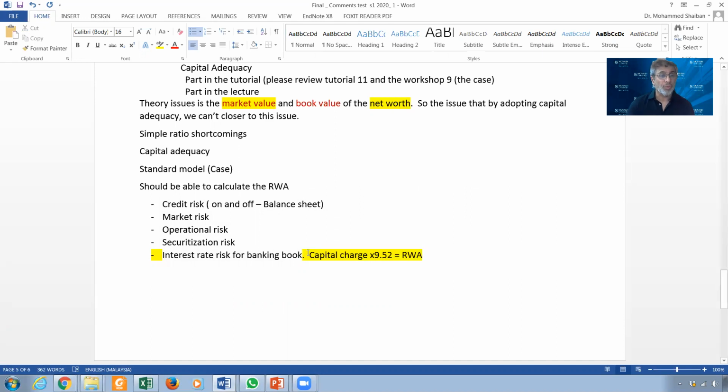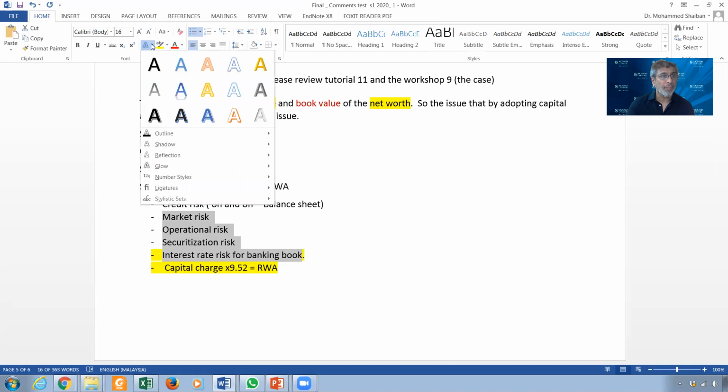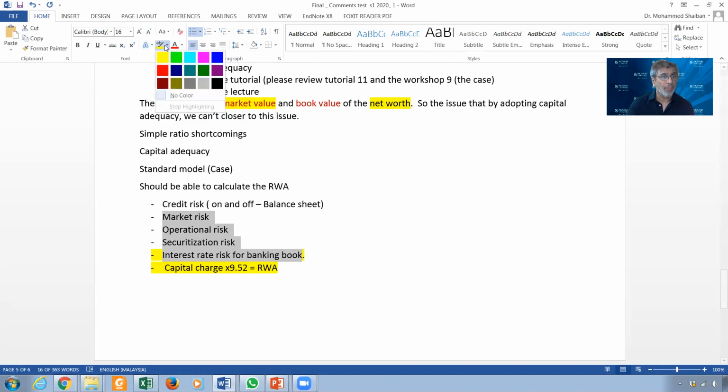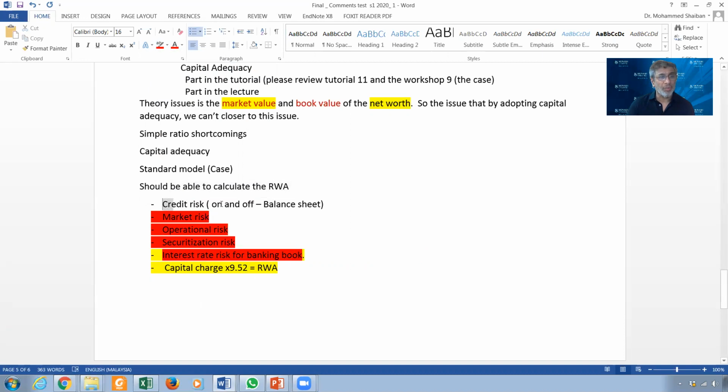This is how it works. So I will give you the capital charge ready for those risks. This you have to calculate, and they will give you data.